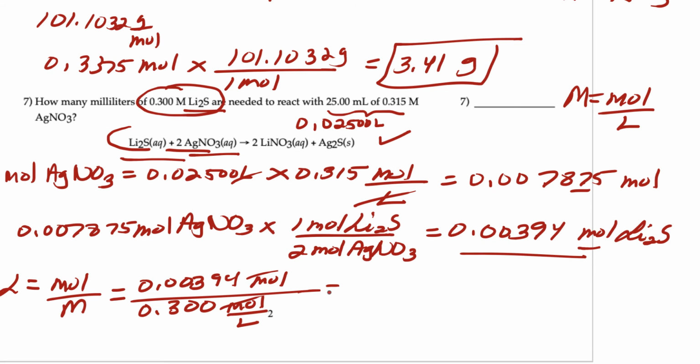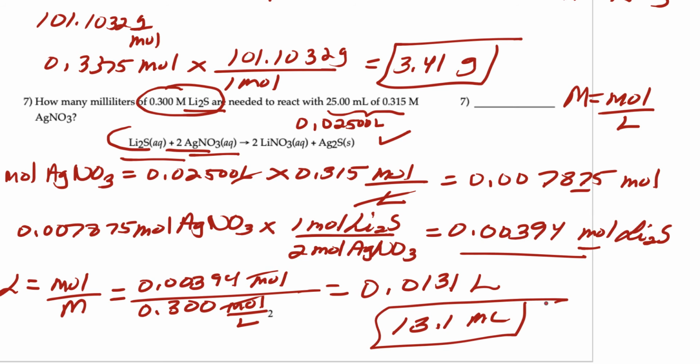This cancels out, and we have 0.00394 divided by 0.3, and that is 0.0131 liters, but we need it in milliliters, so we multiply it by 1,000. That's 13.1 milliliters.